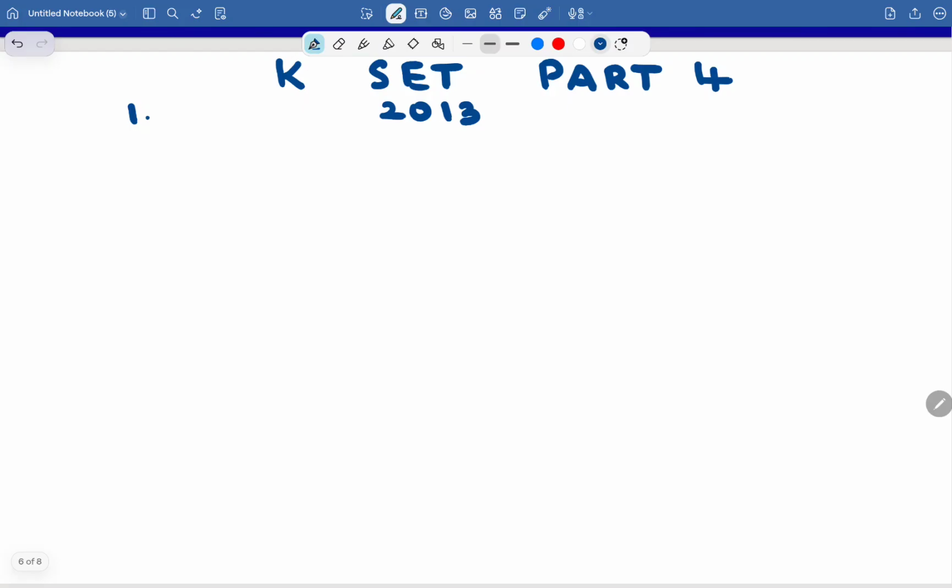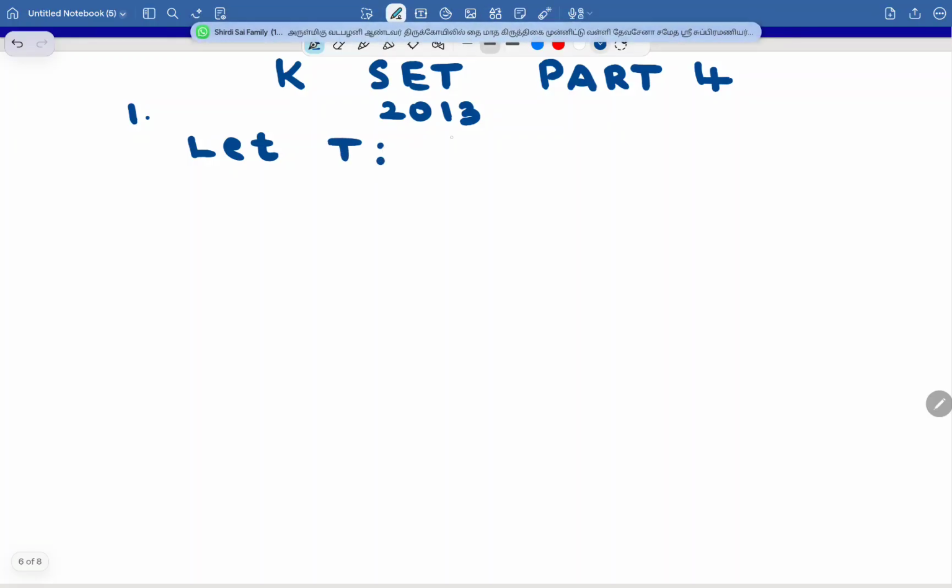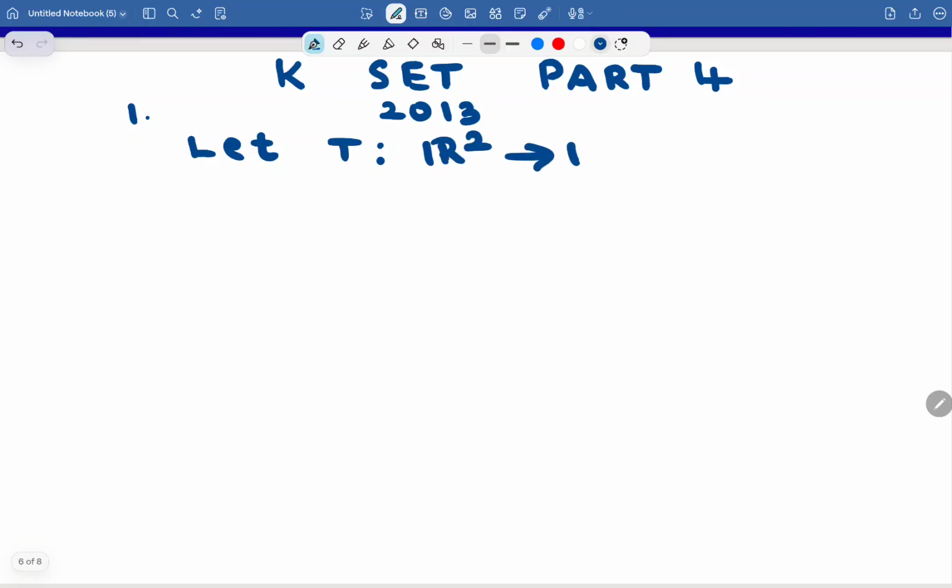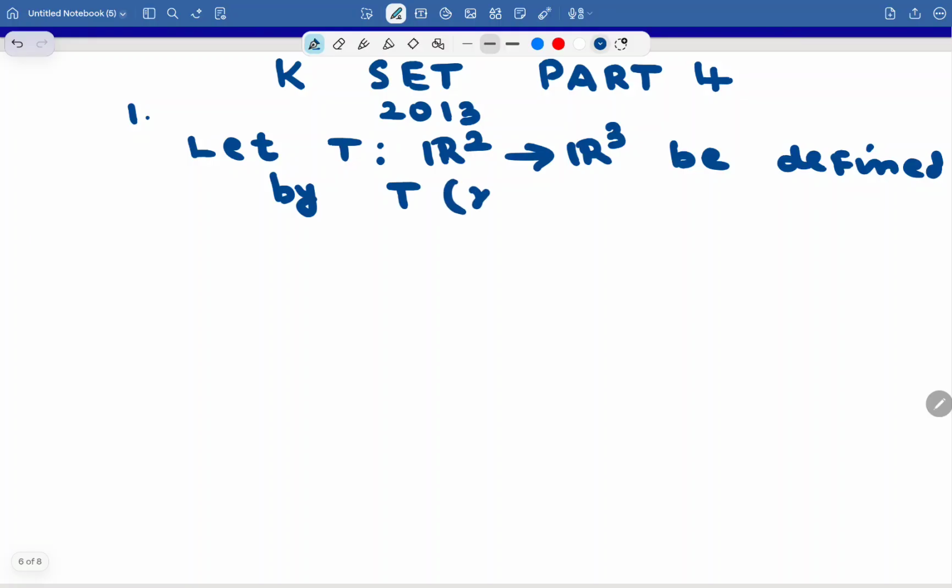The first problem. Let T map R square to R cube be defined by T of x comma y equals x plus y comma x minus y comma y.